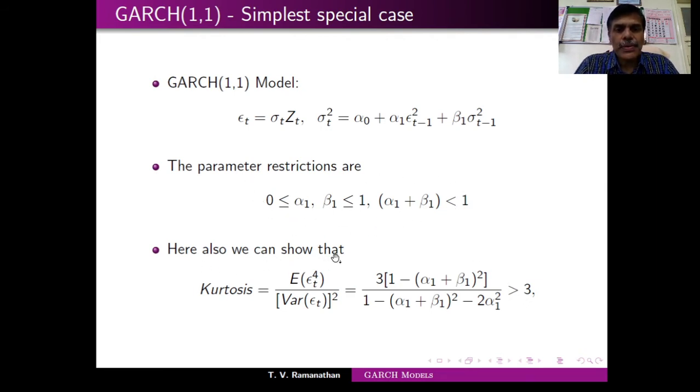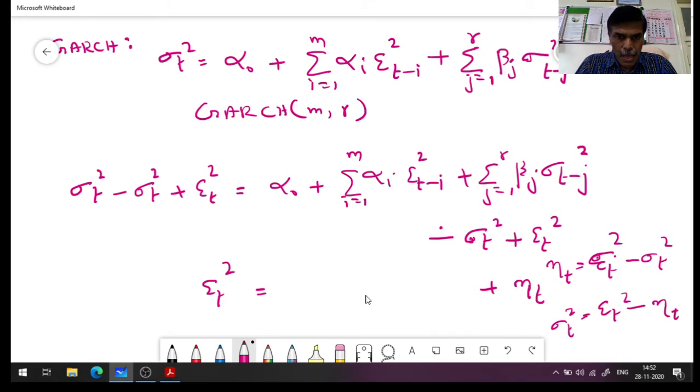Now here also we can show that the kurtosis is greater than 3. This calculation is slightly involved, but it's not difficult. You can actually write this equation. So how do you start with this calculation? You use this definition of epsilon t, so I'll just give you a hint and maybe you can complete it yourself.